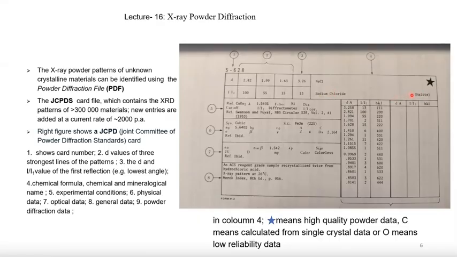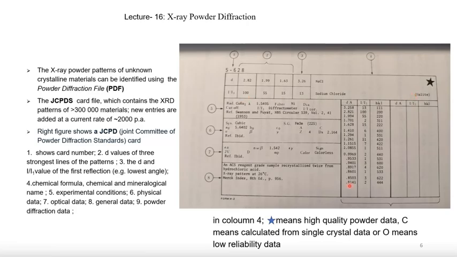And then a very important point to note: in the card there is a star mark here, and in many cards we see that there is no star mark; it is written C, or it is written O. What does it mean? The star means it's high quality data. I said a few minutes ago that we have to have high quality data to analyze powder diffraction properly. So this means the data presented in the card is very high quality. If it is C, that means calculated data from a single crystal.